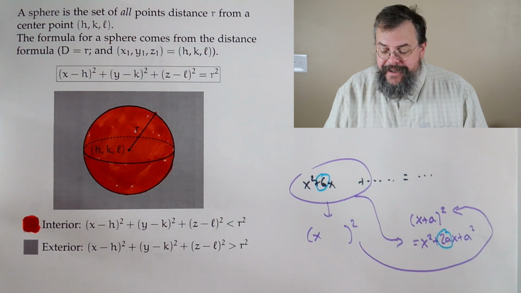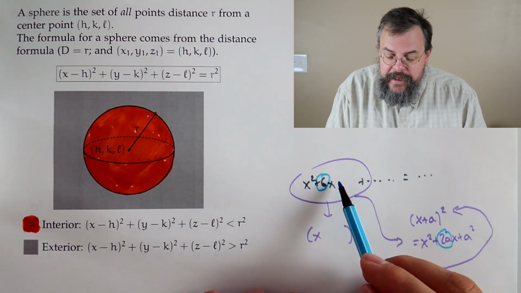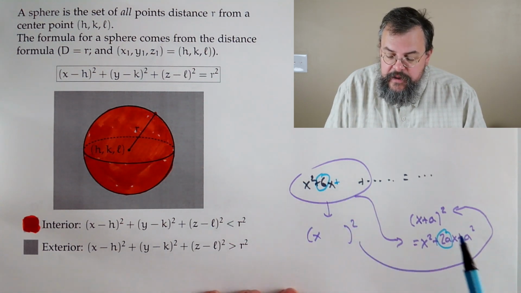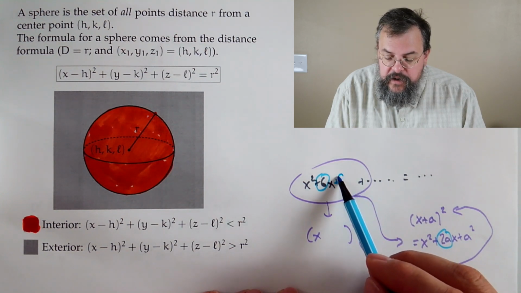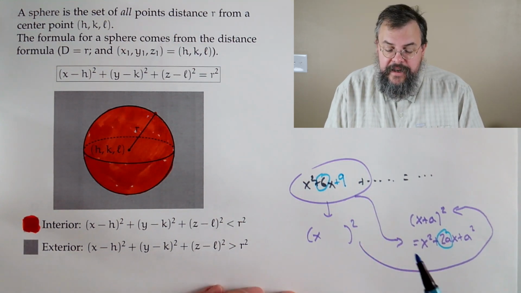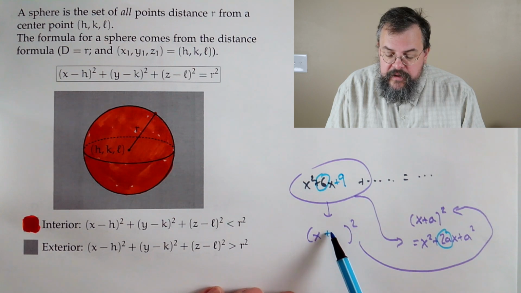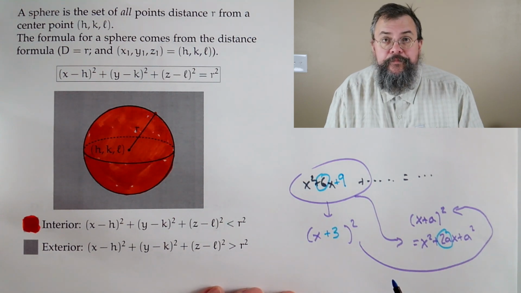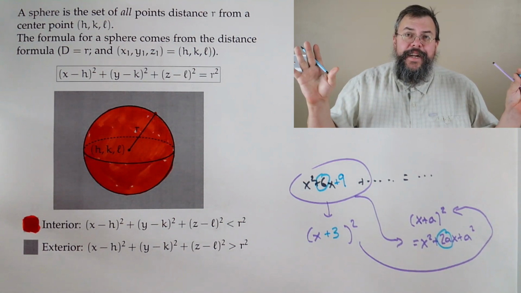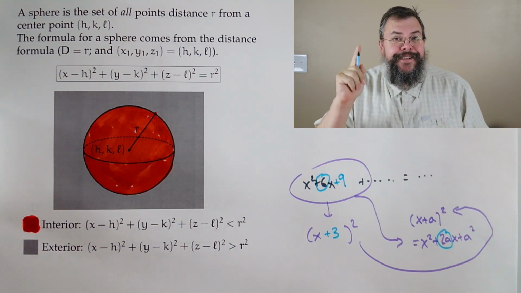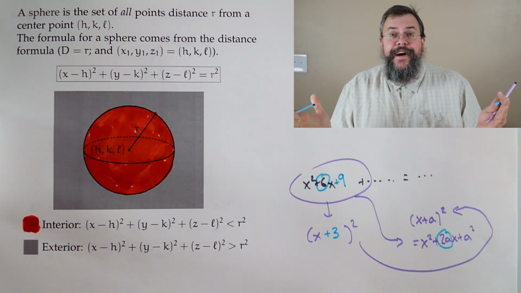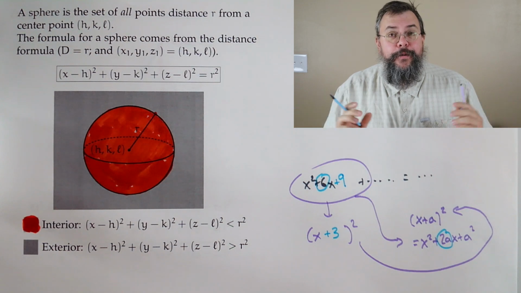That's our a. Now, if I add the square of that number, 3 squared, which is 9, this would be (x plus 3) squared. Now you're like, woohoo, we did it. Except we've got to be careful. We can't just add 9. That would change things, and we don't want to change things.